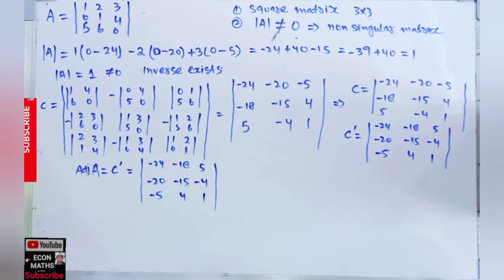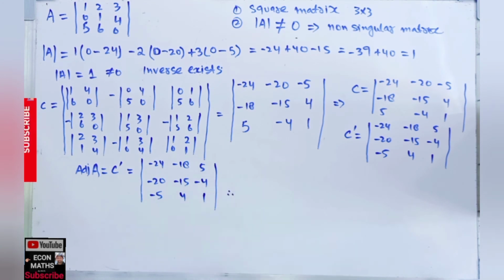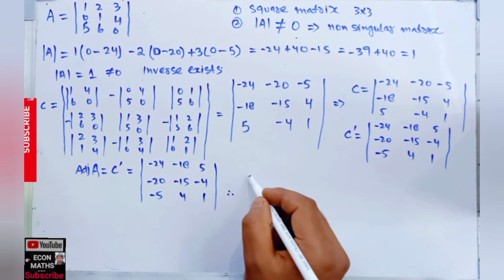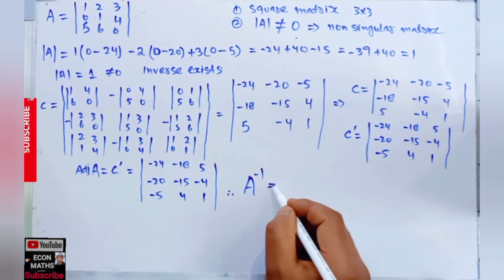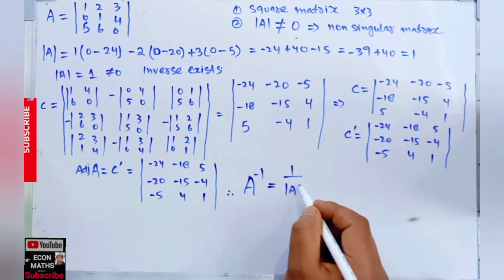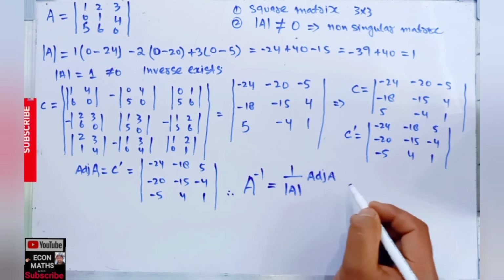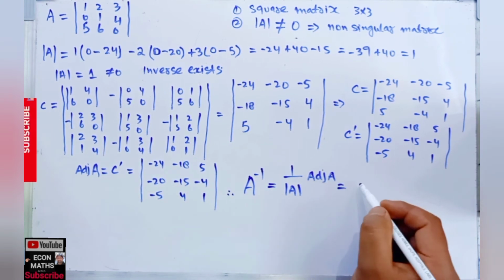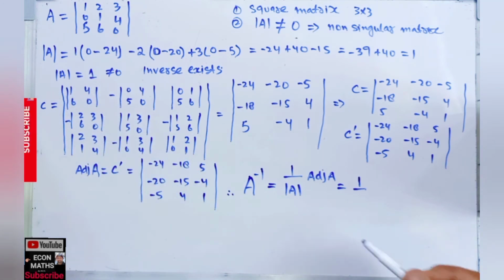Now the inverse is given by, we know what we are actually finding, that is A to the power minus 1. The inverse is equal to 1 divided by the determinant times adj A, where the determinant we got is 1.